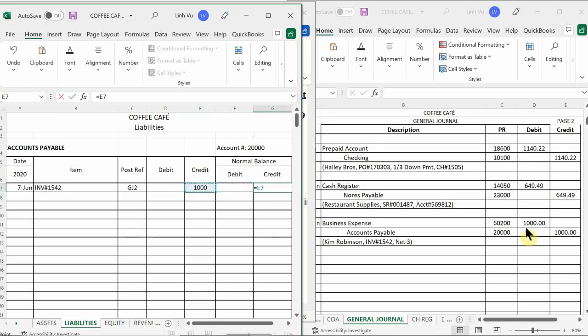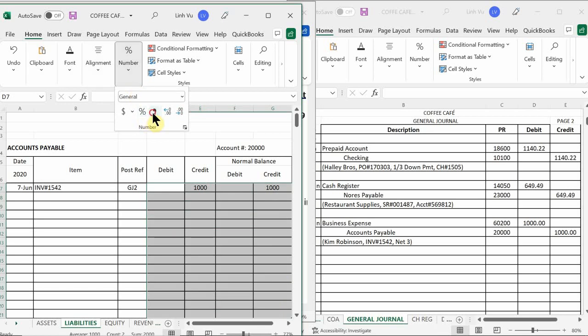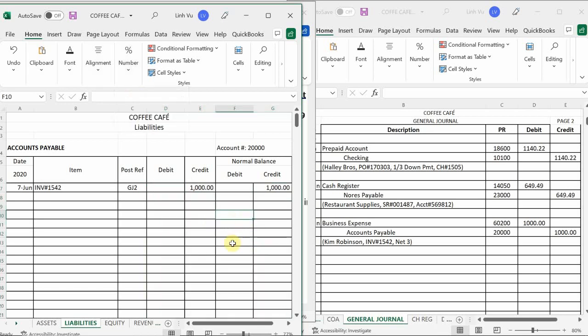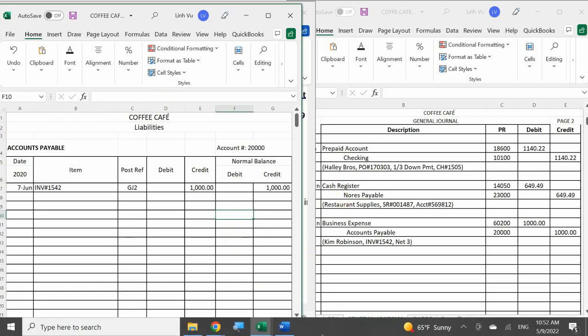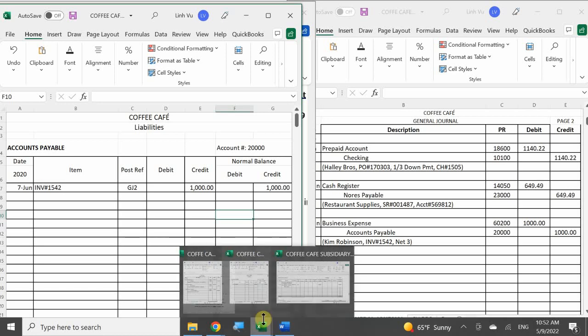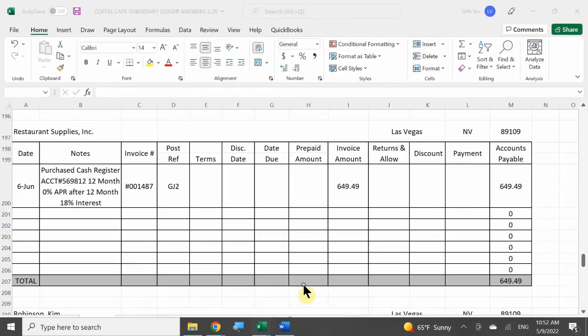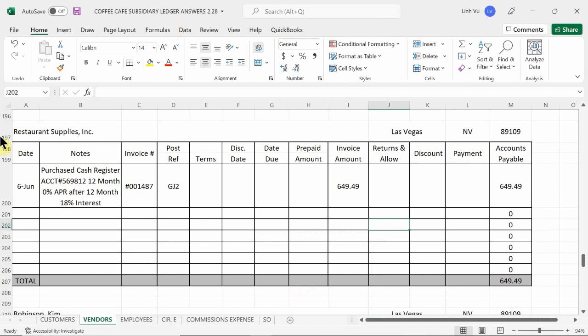Therefore, my first amount is this first bill, which increased my liability to equal $1,000. So I owe right now Kim Robinson $1,000. And I need to put that in my subsidiary ledger because I need to make a note to keep in mind when I need to pay her.